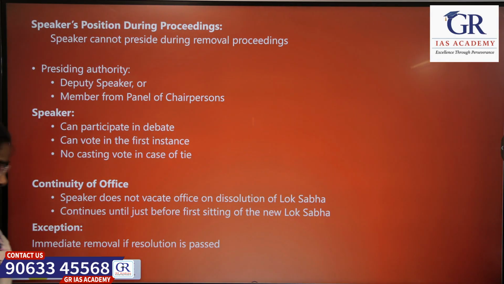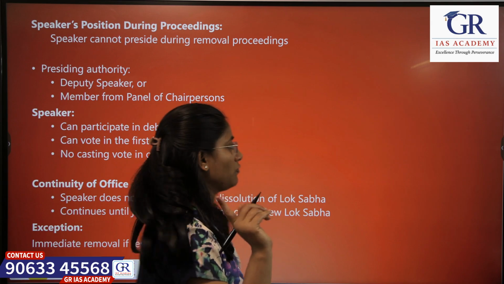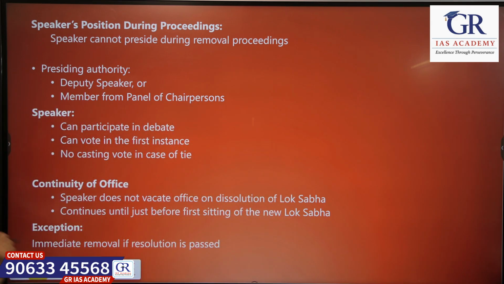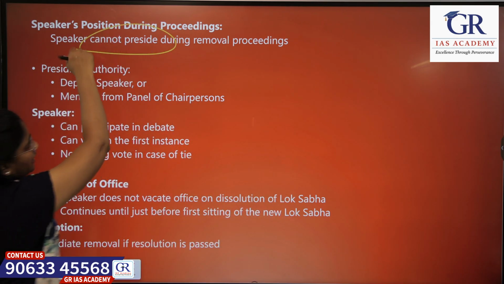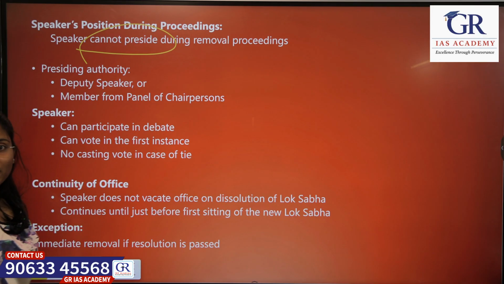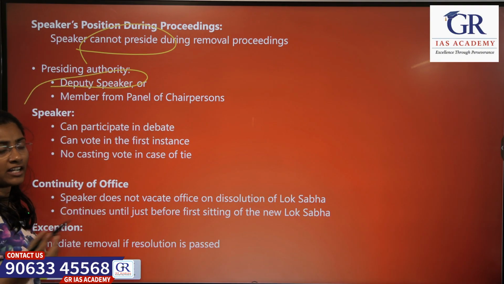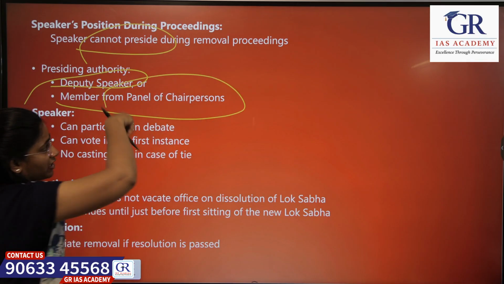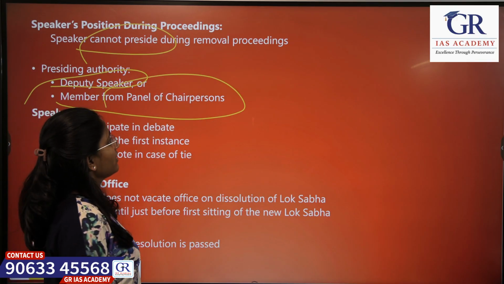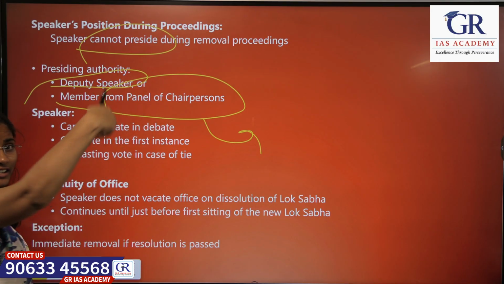When this motion is being conducted for his removal, what will be the position of the Speaker? He cannot preside during the removal proceedings of his position. So who will preside then? In his place, the Deputy Speaker or any member from the panel of chairpersons.